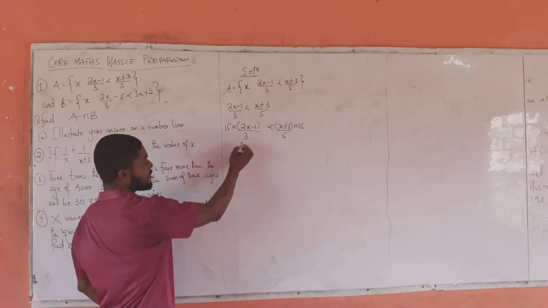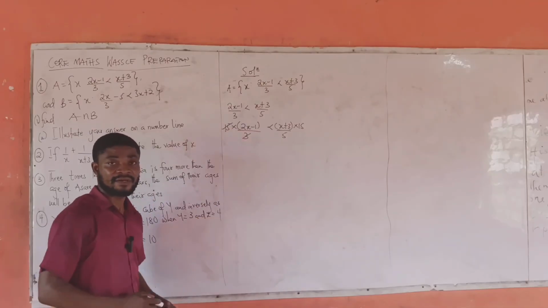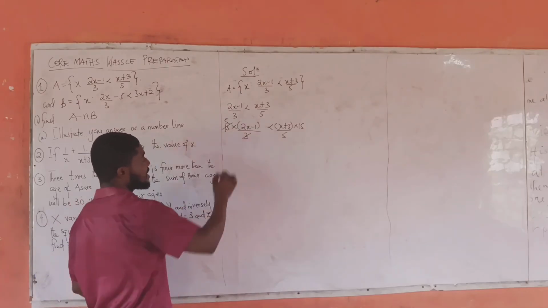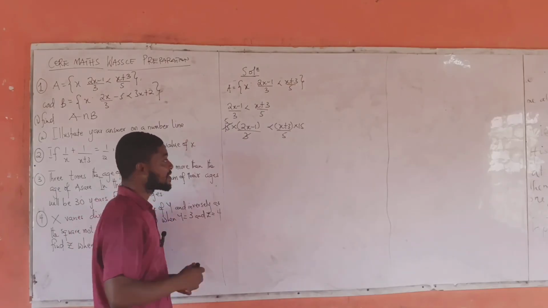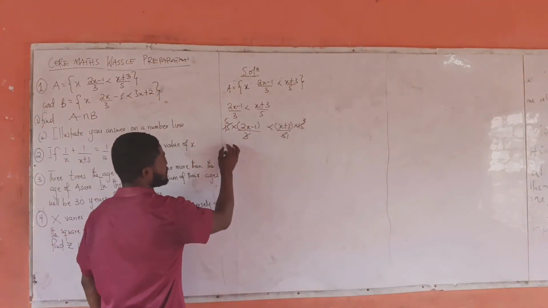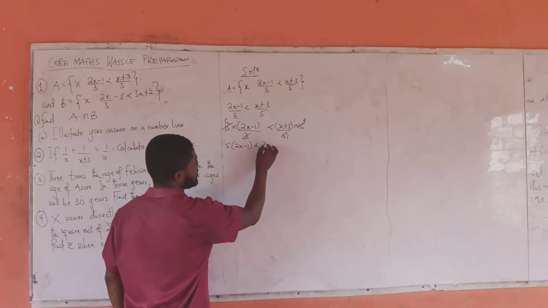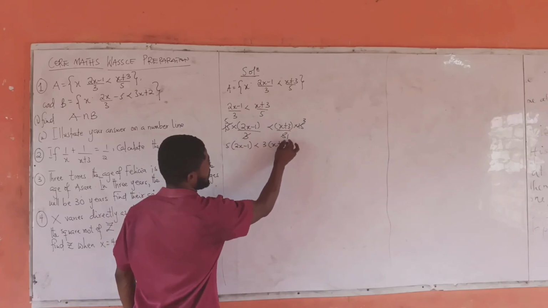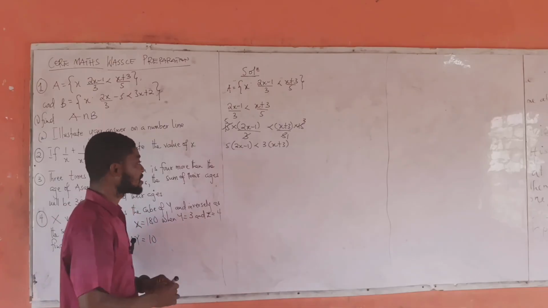By doing so, 3 cancels itself once and then 3 cancels 15, 5 times. 5 cancels itself once and then cancels 15, 3 times. So I now have this situation where I can just work it out easily.